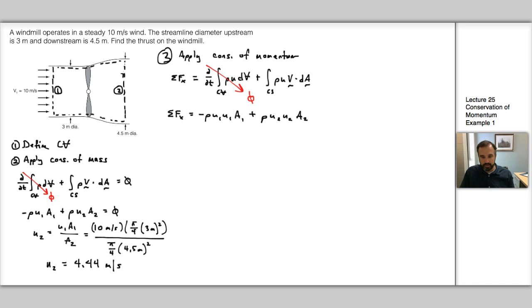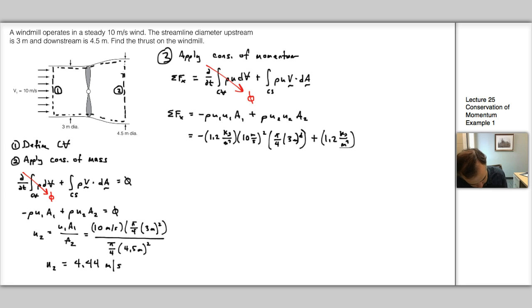Okay, now we can plug those numbers in. We know the density of air, so we have negative 1.2 kilograms per meter cubed times 10 meters per second squared, because there's two u1s there, times pi over 4 times 3 meters squared, plus 1.2 kilograms per meter cubed times 4.44 meters per second squared, because there's two of them, times pi over 4 times 4.5 meters squared.